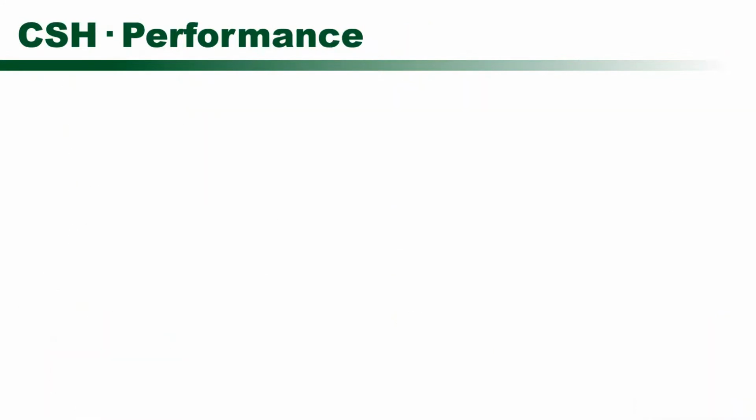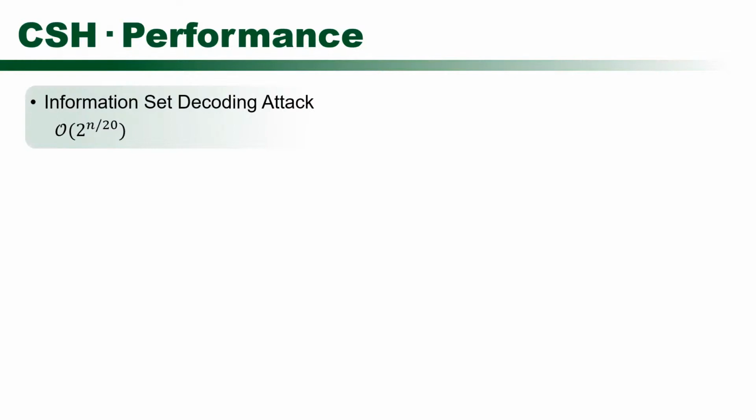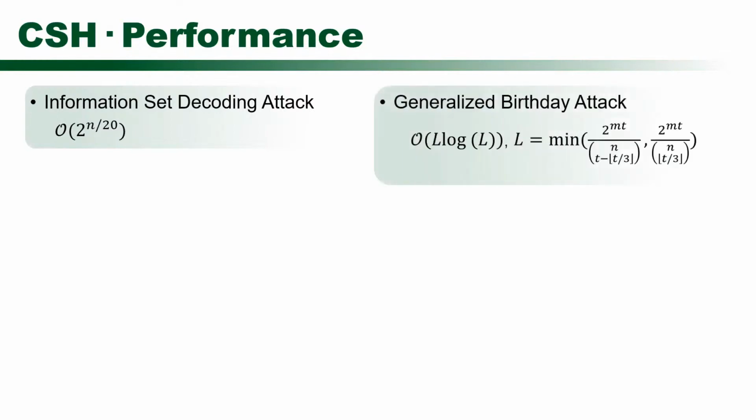The main attacks on code-based schemes are the information set decoding attack and the generalized birthday algorithm attack. We list the computational complexity of these two attacks on the CFS system here.